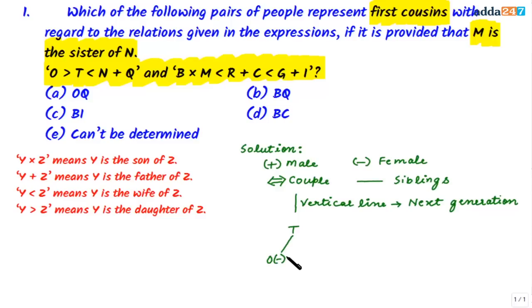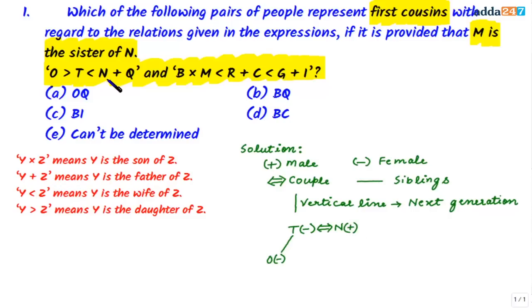Then we have T less than N. From this relation, it means T is the wife of N. So if T is the wife, that means T is female. And T is the wife of N means T and N is a couple, and definitely N is male.